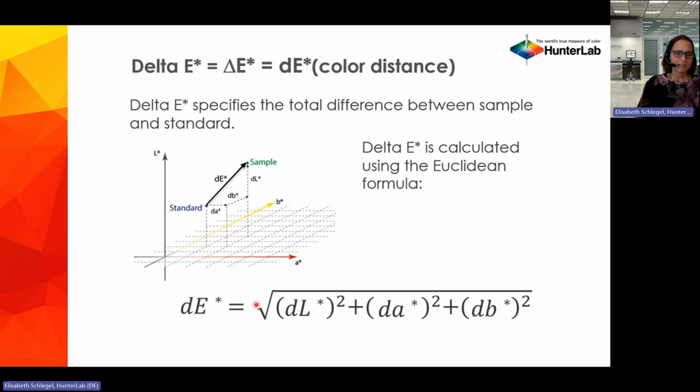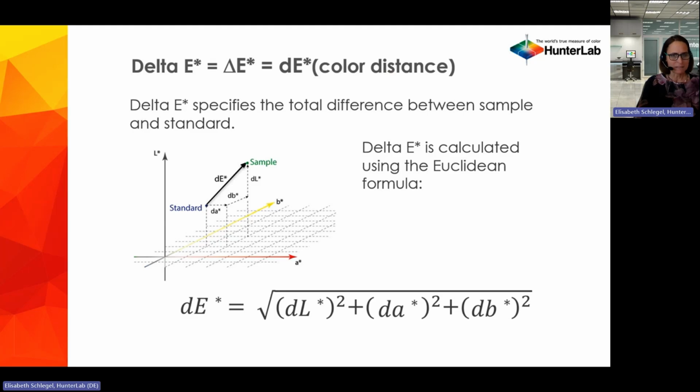And then in the end, I'm taking the square root of it, and that is exactly the length of this DE star, symbolized by this flash here. Again, as I told you beforehand, delta E star is the same as the symbol delta E star, as DE star. It's the color distance in the three-dimensional color space.